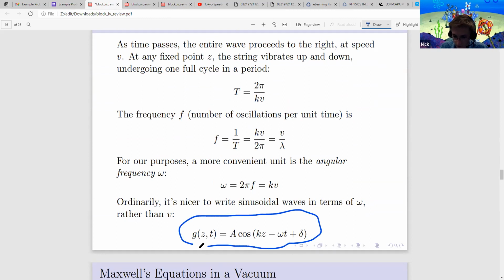This is something that's probably worth committing to memory because it comes up again and again in block 4 problems. A wave is basically just its amplitude times a cosine of kz, or I guess this can be x, y, or z, just some spatial term, minus omega t. And we usually don't have to worry about the delta, but that's just an offset if we need it.